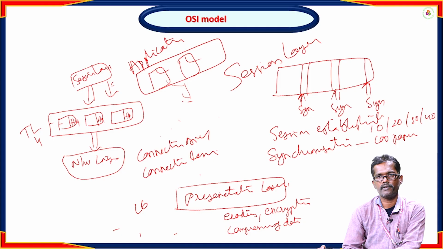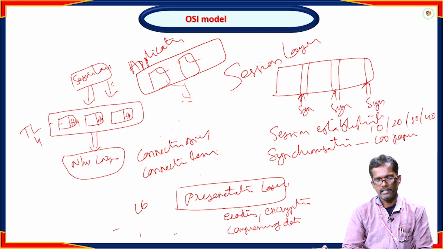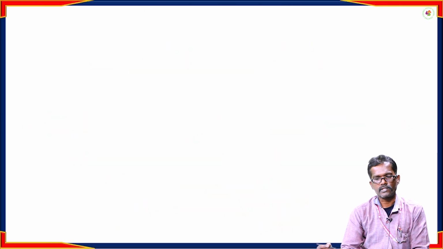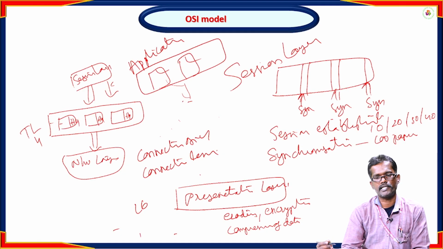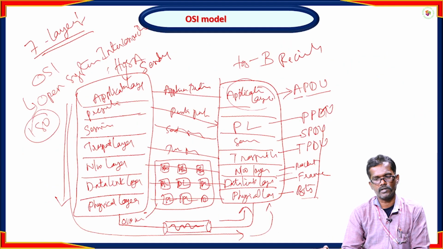In the TCP/IP model, we discuss the protocols, not the functionalities of the layers, whereas in the OSI model, we have learned the functionality of each layer. This is the main point related to the OSI model and TCP/IP model.